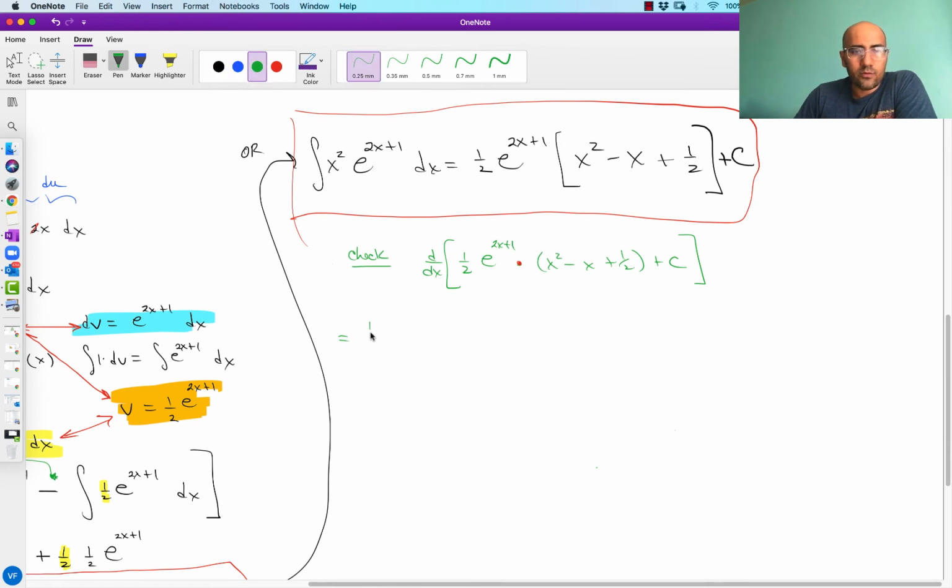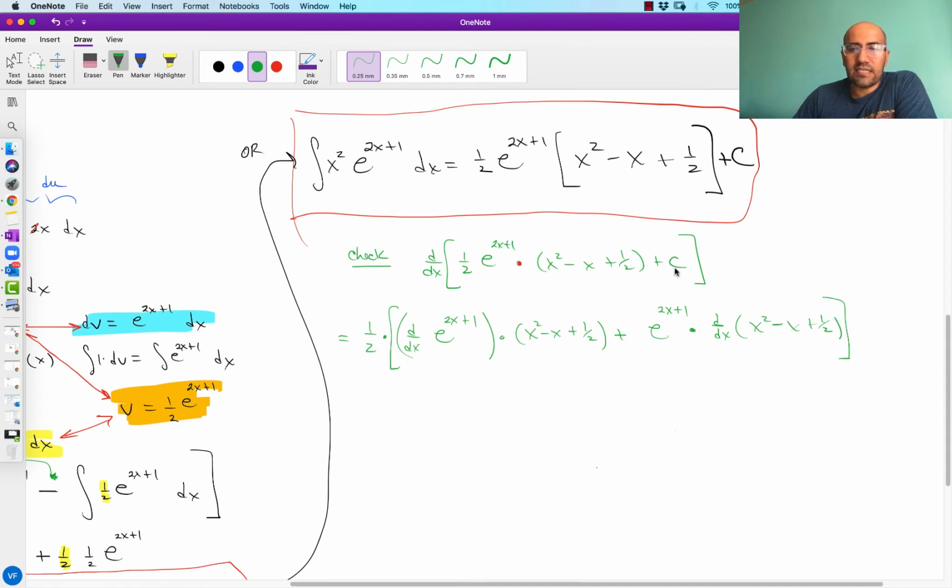So it'll be equal to 1/2 out here times, and then I'll take turns with these two, so it'll be the derivative with respect to x of the e to the 2x plus 1, figure out what that is, times x squared minus x plus 1/2, plus, and now we'll leave the e to the 2x plus 1 alone, times the derivative with respect to x of the polynomial x squared minus x plus 1/2.